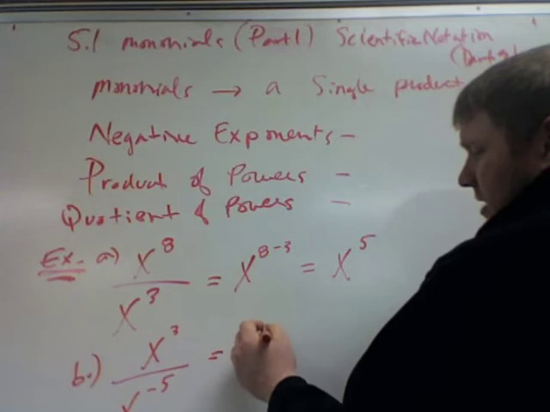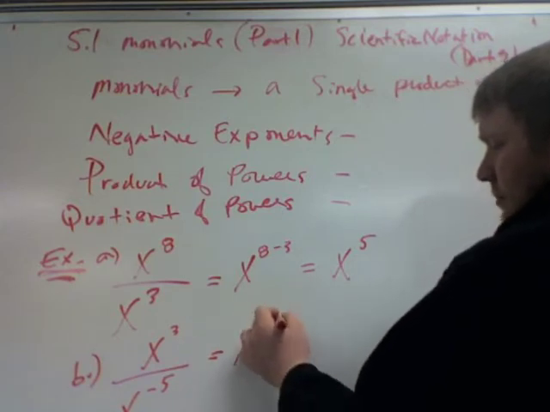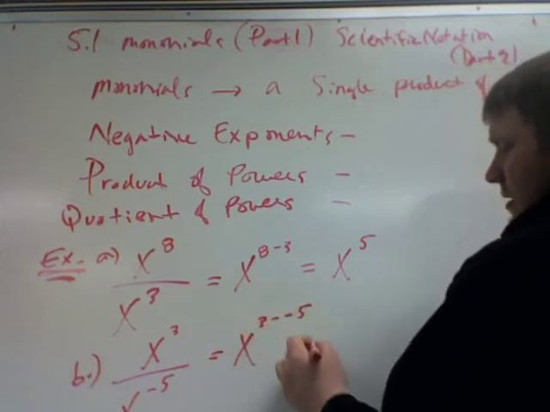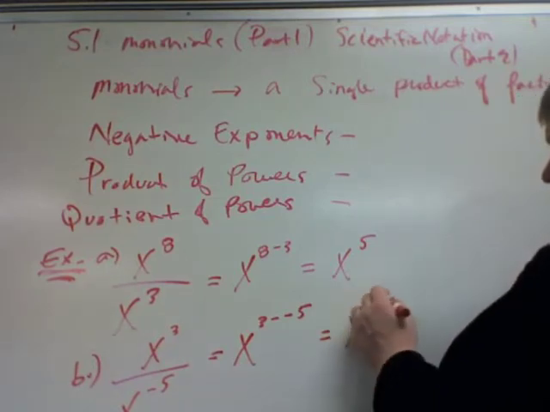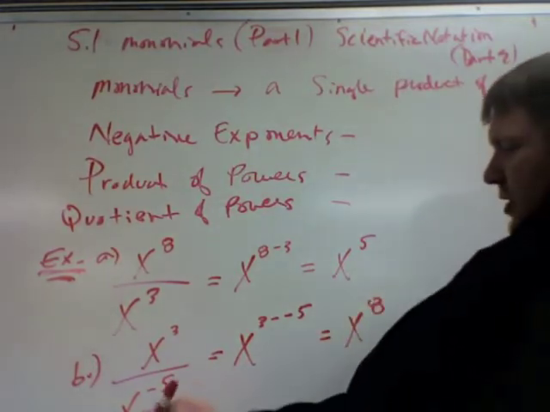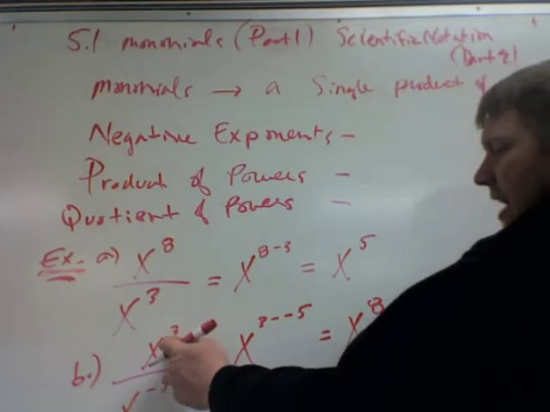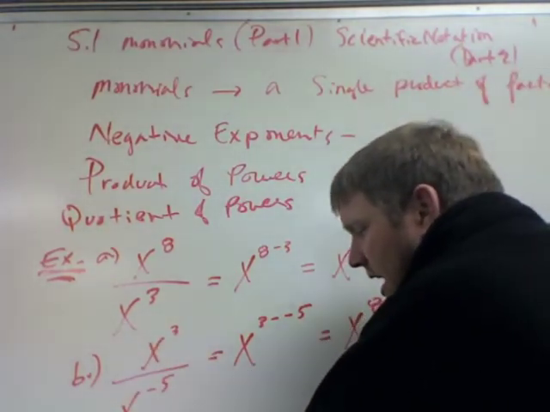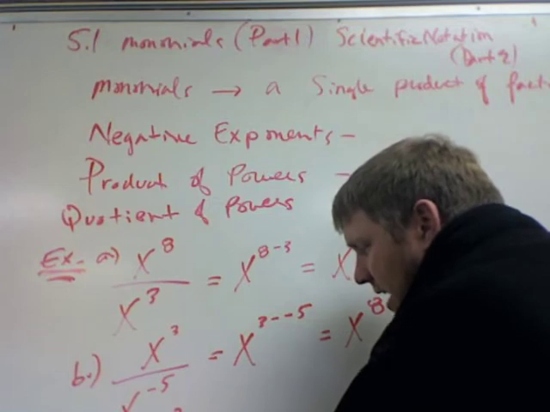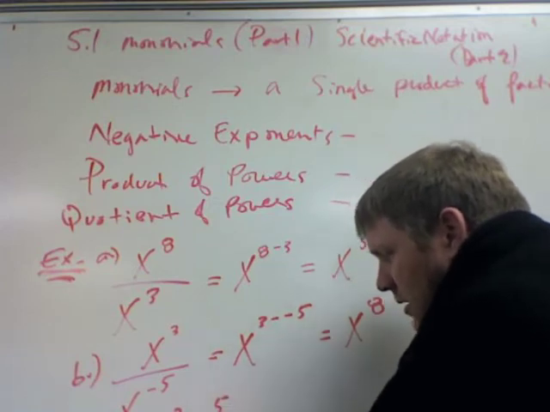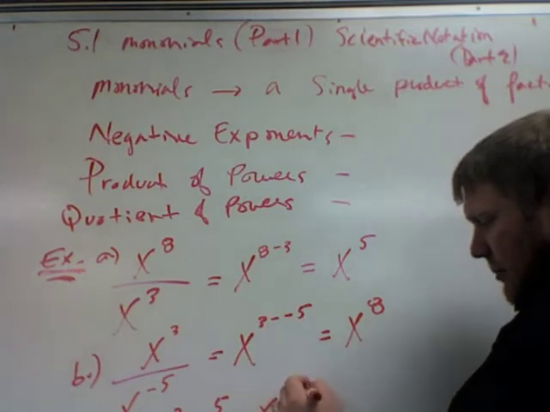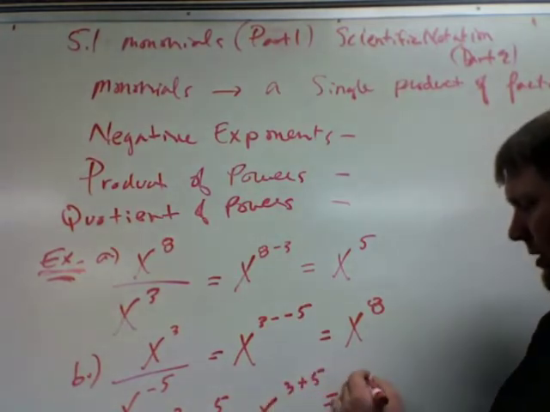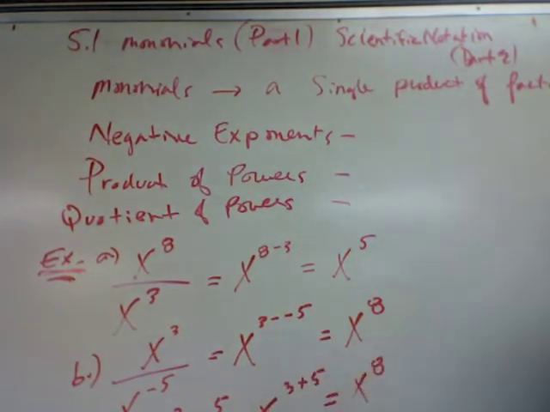It becomes x to the 3 minus a minus 5, which equals x to the 8th. Notice if I had taken this factor and moved it up top, calling it x cubed times x to the 5th, I would have gotten x to the 3 plus 5, and also x to the 8th. So either way you would have gotten a similar answer.